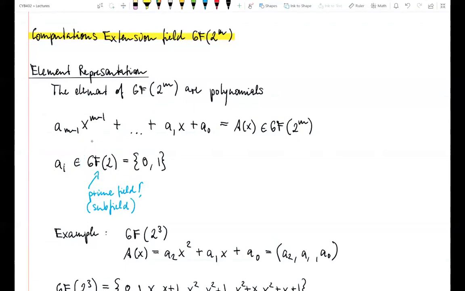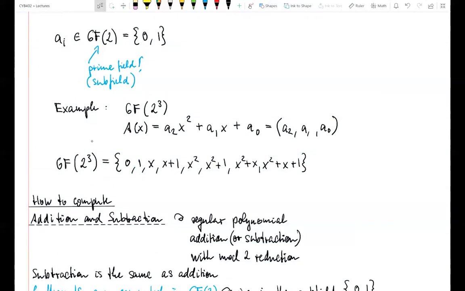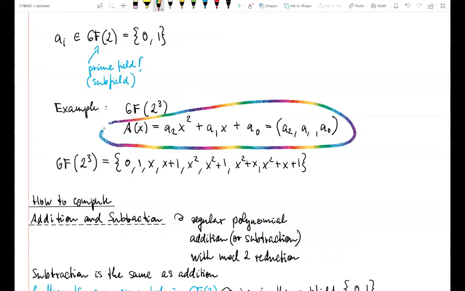All right, so here's an example. For Galois field 2 to the 3, in the general case, the polynomials look like that.